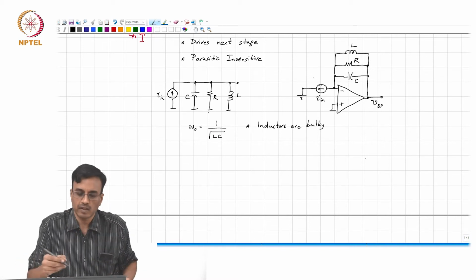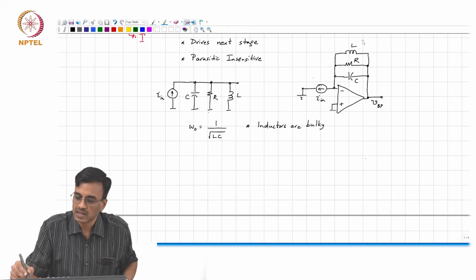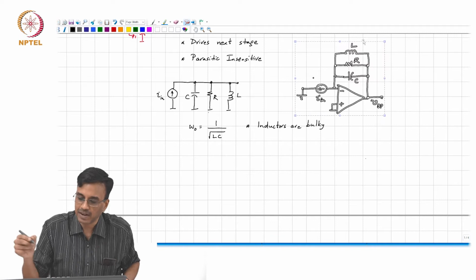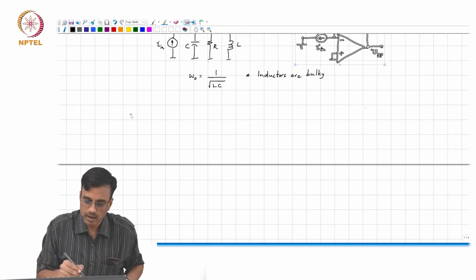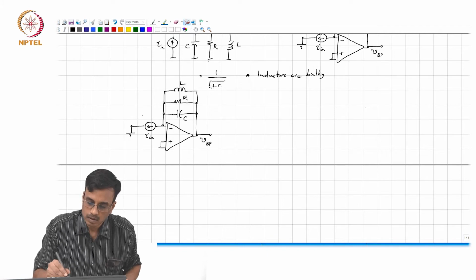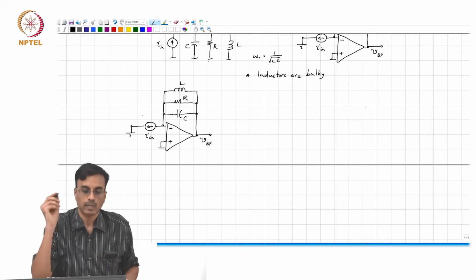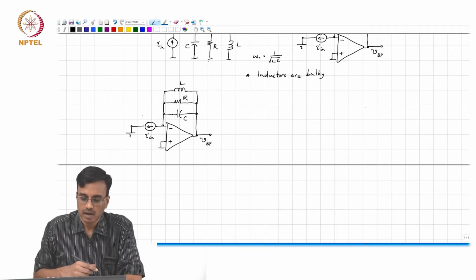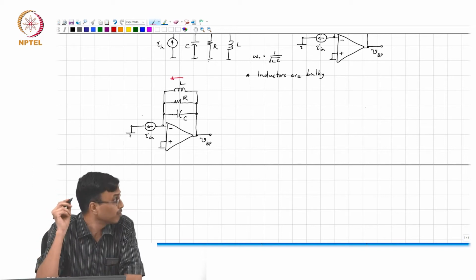So now the question is, is it possible to achieve the same functionality without the explicit use of an inductor? All right, and the idea is the following: what is the current that's flowing through the inductor in terms of VBP?